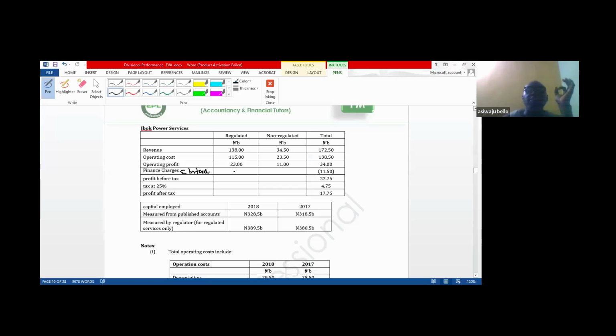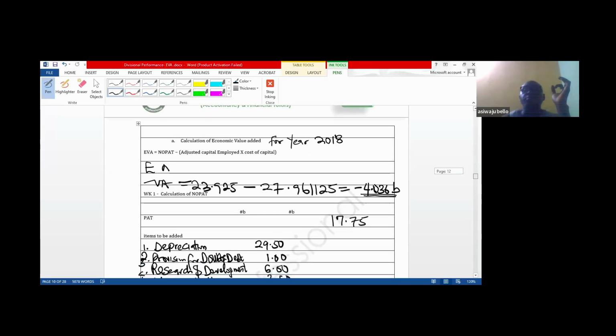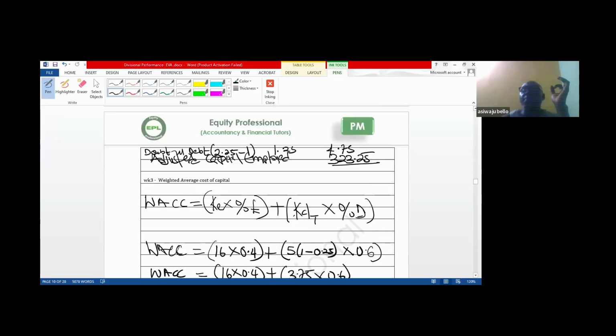To calculate return on capital employed, the formula is, look at the B parts.